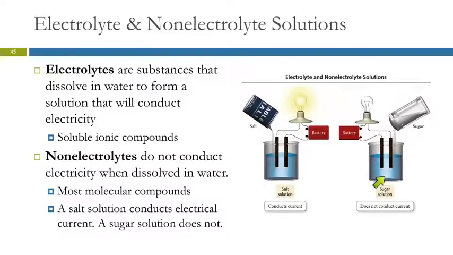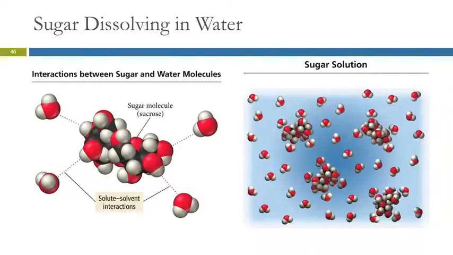If you put sugar in the water, it does not form ions, and so there's no way for the electricity to get from one electrode to another, and the light bulb doesn't light up. When sugar dissolves in water, here's our sugar molecule. You can see there are oxygens and hydrogens on the sugar molecule, and they're sharing electrons unevenly, just like the water is.